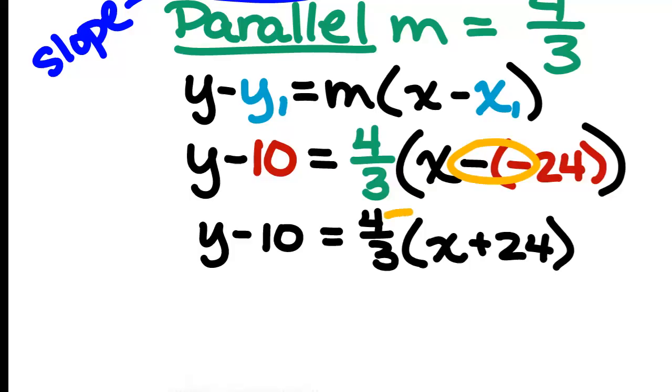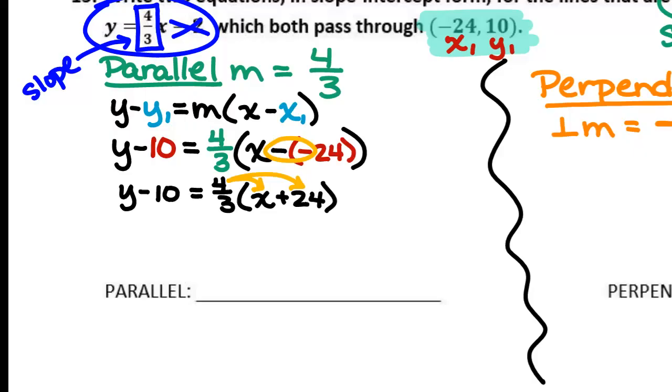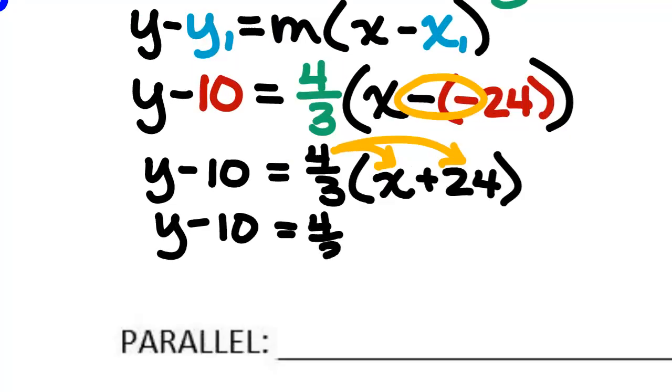We take 4 over 3 and it gets distributed to both of the numbers inside, not just to the x. Y minus 10 equals, we do get 4/3 x, but then we have to remember to distribute to the 24. 4 over 3 times 24. Does anybody know what that comes out to be? 32.